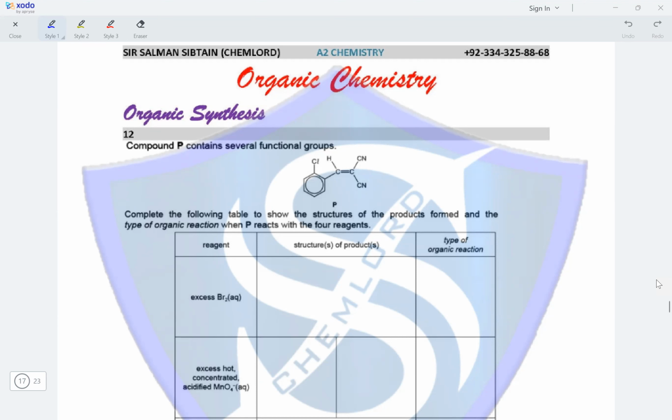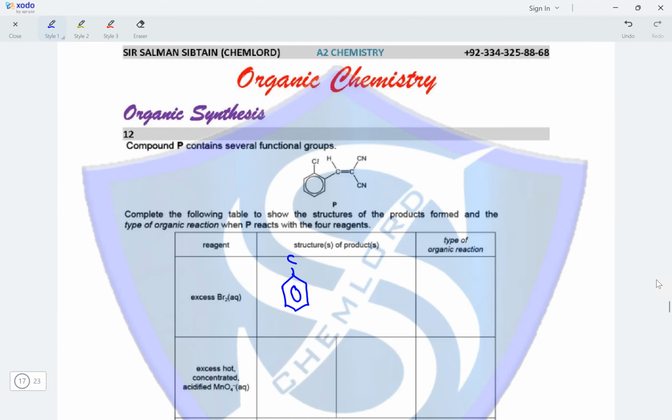So the first reagent is excess Br2. When it reacts with an excess of Br2, nothing will happen to the benzene ring. In fact, the double bonded carbon atoms would each add on a bromine atom, and the double bond will no longer exist. In its place, we will have two bromine atoms on the two carbon atoms that had the double bond.